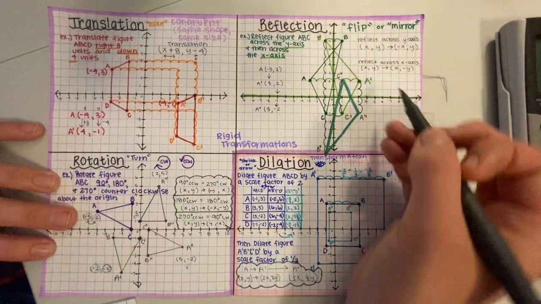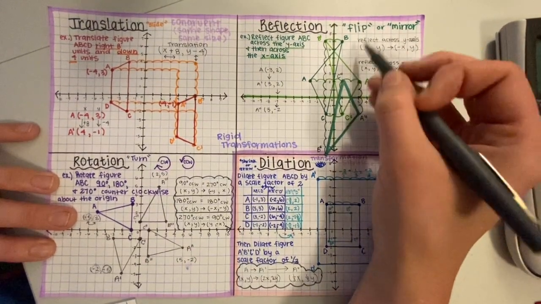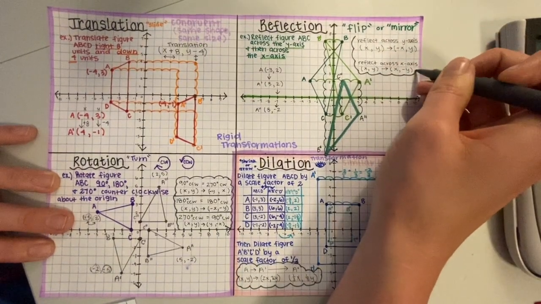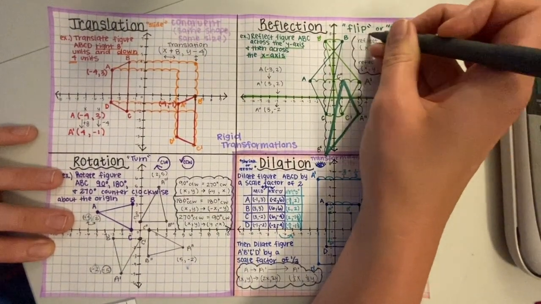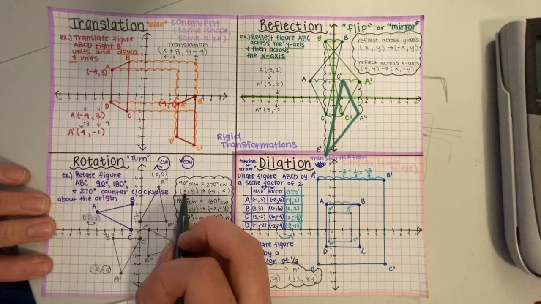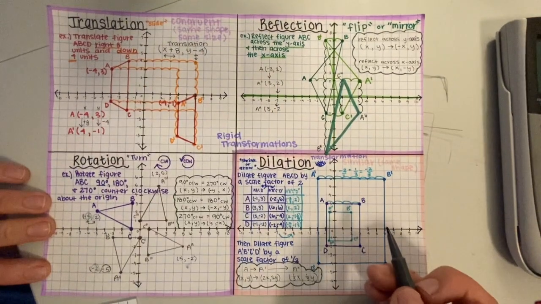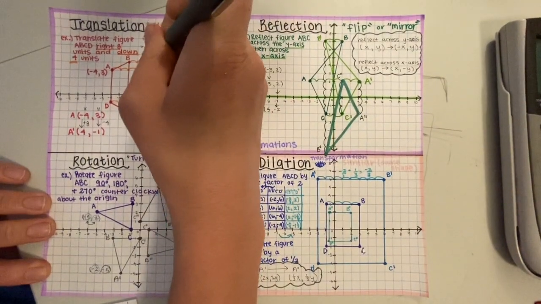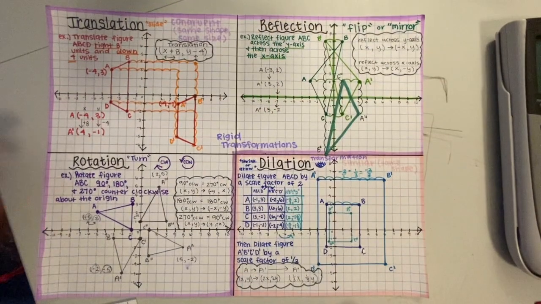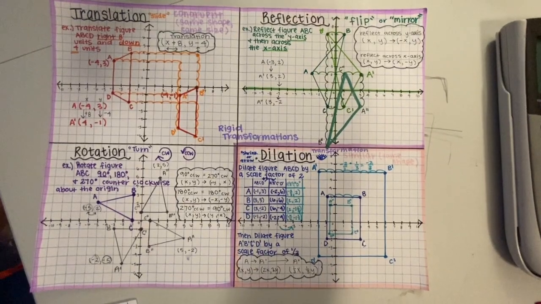If you swapped your signs of your X and your Y, you're looking at your reflections. When we're swapping the location of X and Y and the signs, then we're doing a rotation. And then if we're adding to the coordinates, we know we're doing a translation. So that's everything that we have on our transformations.